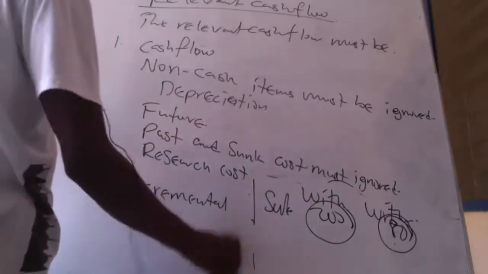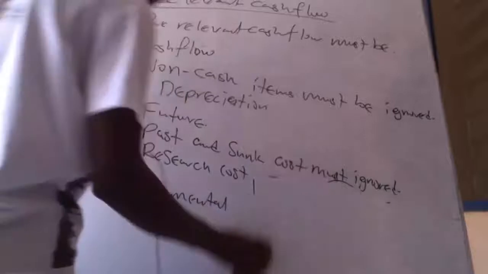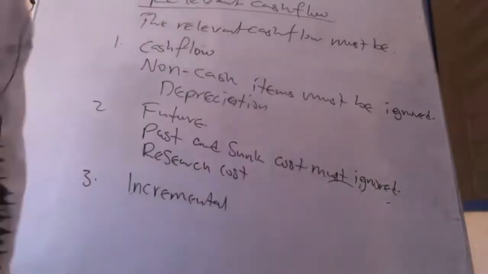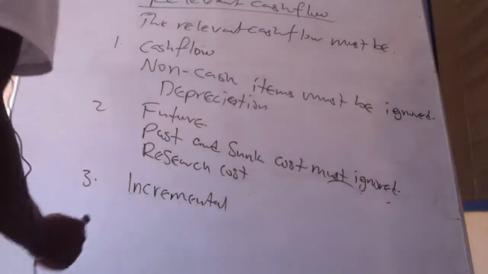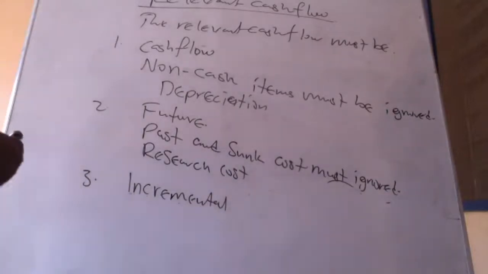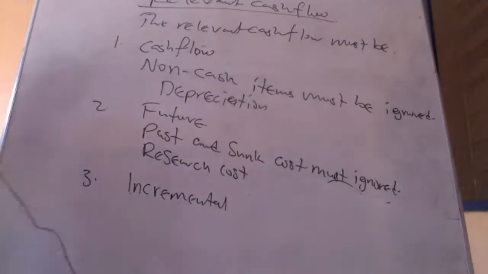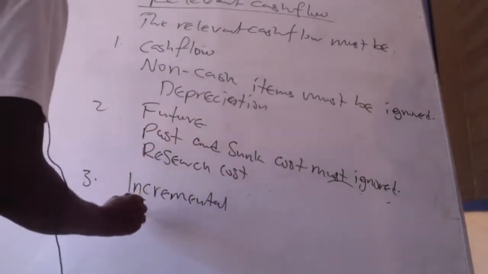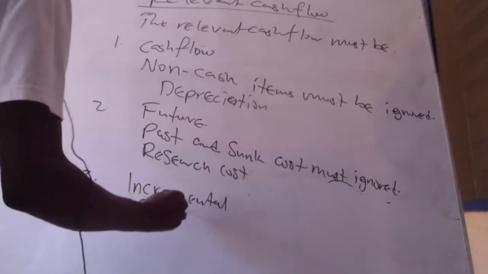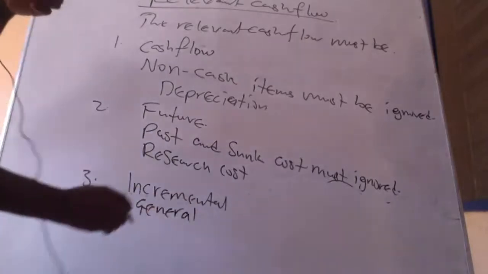Now, the cash flows that we are going to use might probably disturb you a little in exams. One, general overheads and general fixed costs must be ignored. General fixed cost should be ignored.